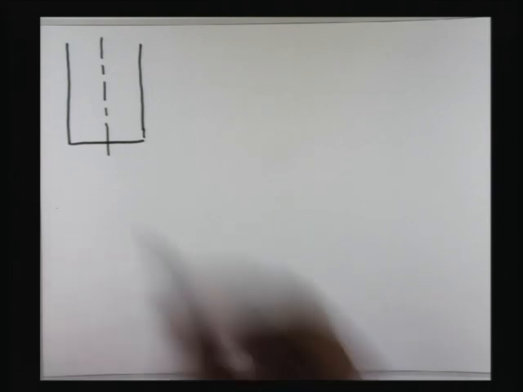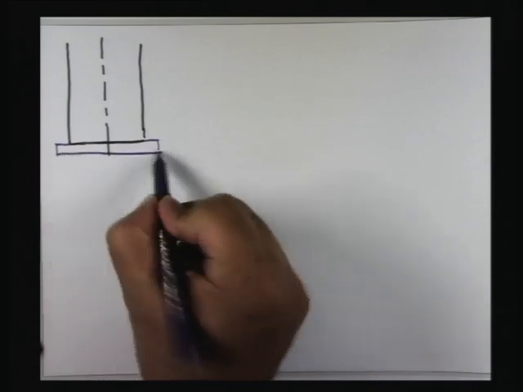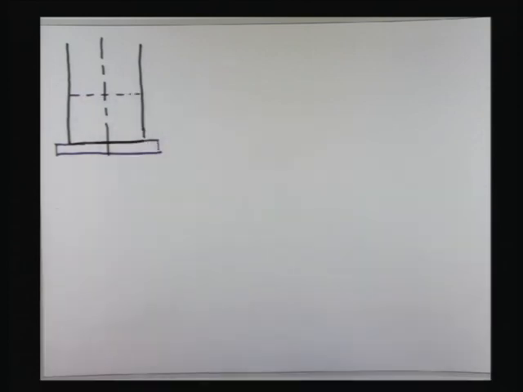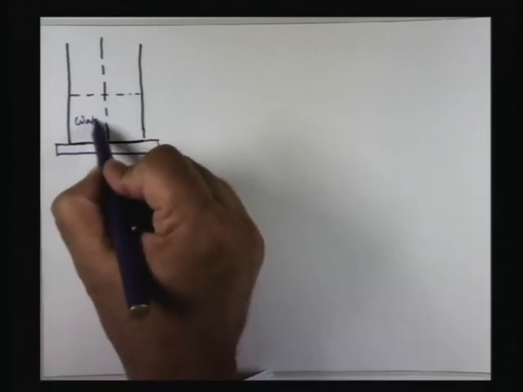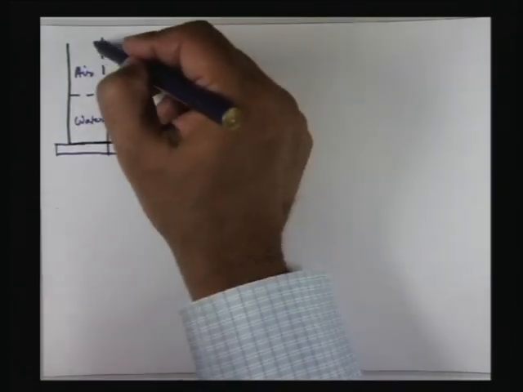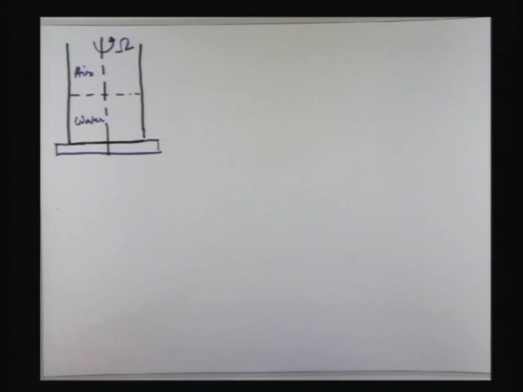We will consider a tank which is mounted on a turntable, and initially let us say you have water up to this level, or some other liquid, and you have air on top, and you start rotating it about its own axis with a constant angular velocity omega. Now in this case, after a certain time has elapsed, the fluid will rotate as if it's like a rigid body.